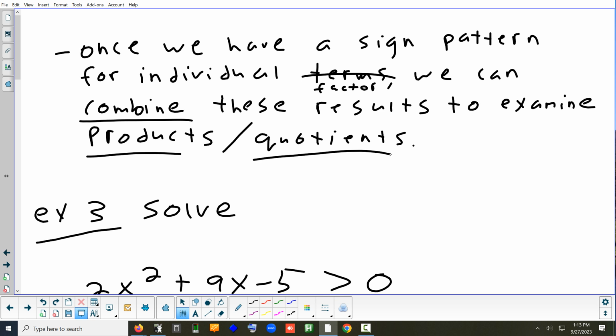There's actually no difference between the two, because what this really comes down to is whether you are multiplying a positive times a positive, a positive times a negative, or a negative times a negative. And the rule is the same for division. Negative times negative is the same as negative divided by negative. So there's no difference in how you do a product versus a quotient.